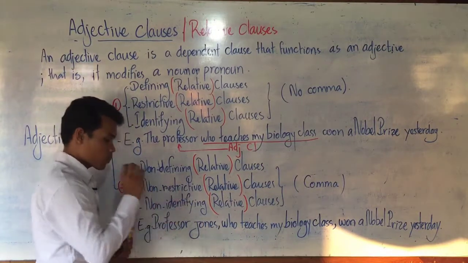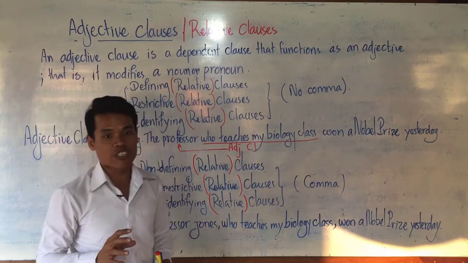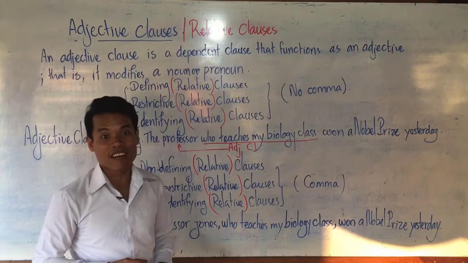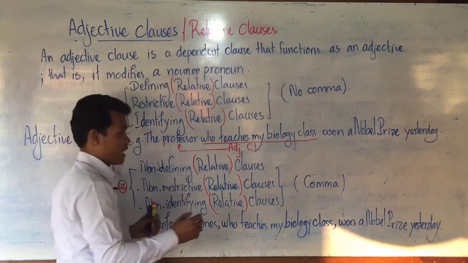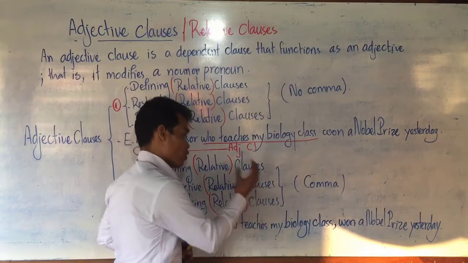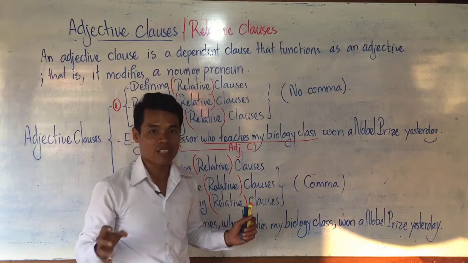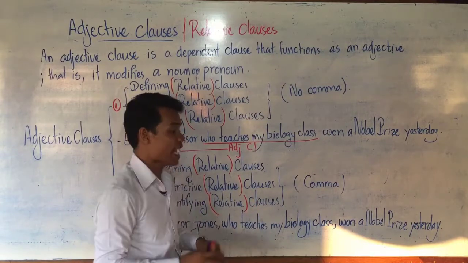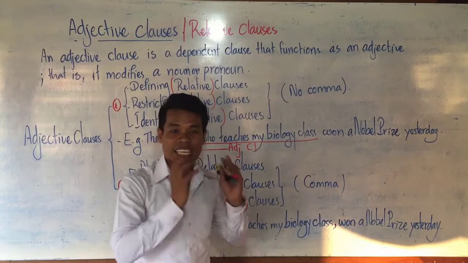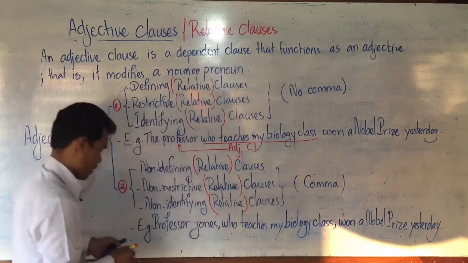So this one can give extra information which is not really essential to the meaning of the sentence. In this case, a comma is used here. The information in a non-defining relative clause is not really important to the meaning of the sentence at all. If this clause is left out, the meaning is still understood. Okay, so look at the example with me.